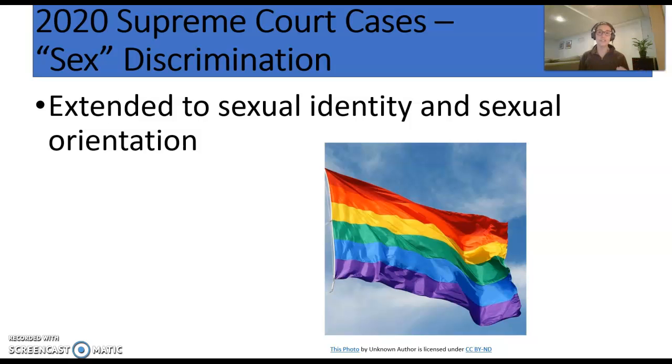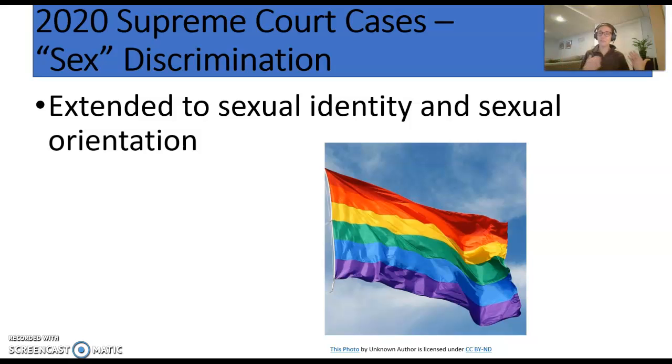Now, until just June of 2020, there was no federal law that extended a protected class to individuals based on sexual identity or sexual orientation. There was no federal law. In other words, another way of saying that is that it was not illegal, or it was legal, to terminate a person based on their sexual identity or orientation, and there was no discrimination lawsuit.